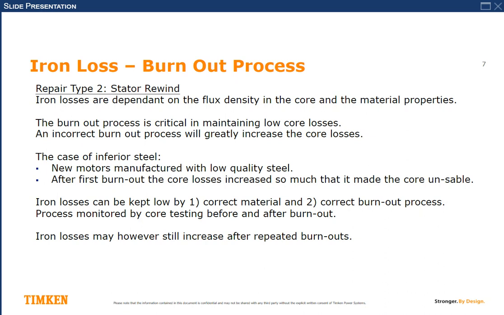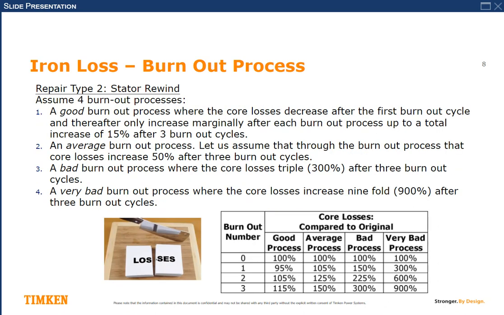Now, it is key to monitor the core losses by testing the core before and after the burnout. But iron losses might still increase if we burn it out multiple times. So for the study, we're going to look at 3 or 4 types of burnout.